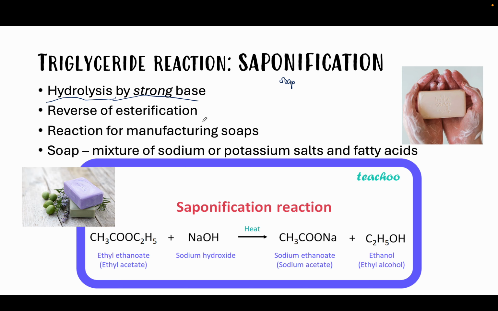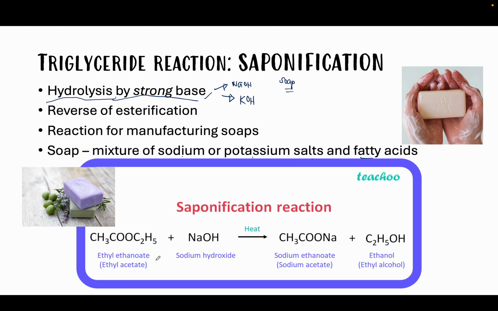If you have an oil or fat, a lipid source, and you react it with this strong base, you form soap. Soap is a product containing a mixture of sodium or potassium salts, because the strong base may be either sodium hydroxide or potassium hydroxide, and you have fatty acids.